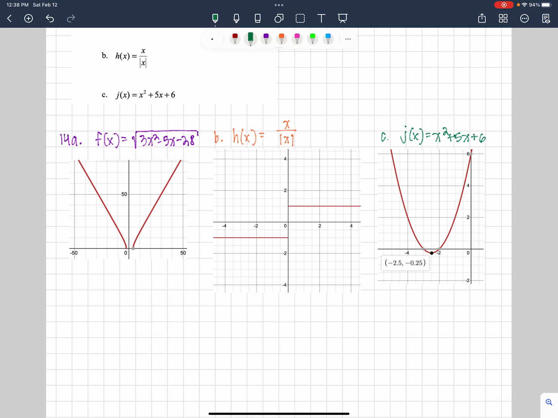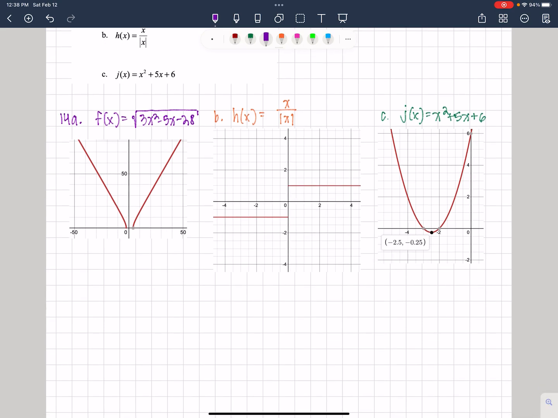So our domain, we know we have to be concerned with that domain because 3x squared minus 5x minus 28 needs to remain positive. So algebraically, we can do this calculation right here where we're going to try and factor this. So I'm going to try and factor and come up with my critical values.